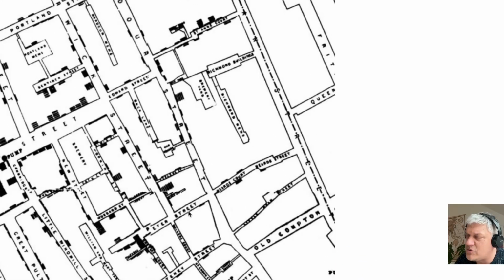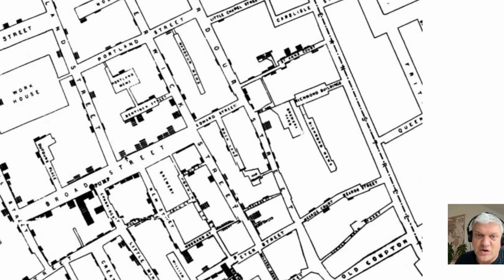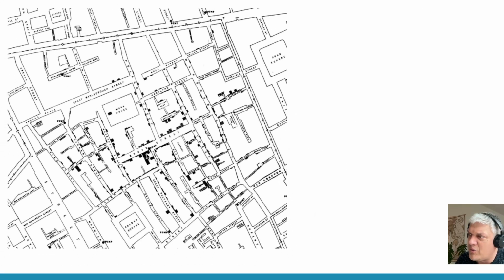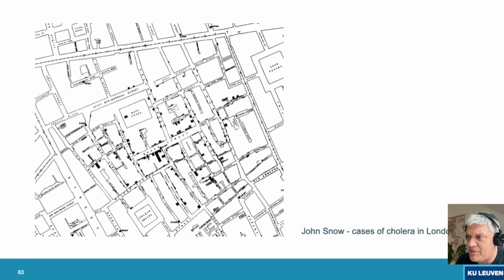Basically this is like a bar chart of how many people died. He also plotted the locations of water pumps on this map. There's a water pump over here, there's a water pump over there, there's one over there, there's one here in the middle, there's one over there, and so on. All those water pumps.